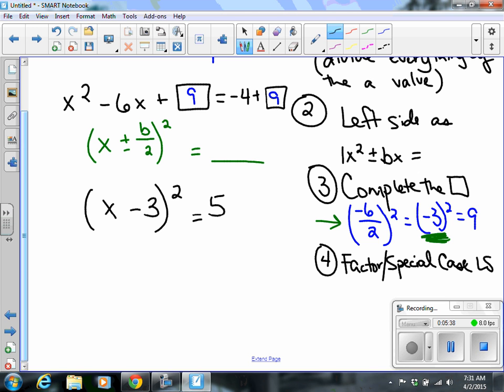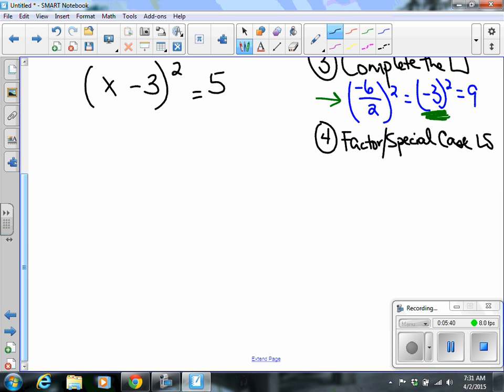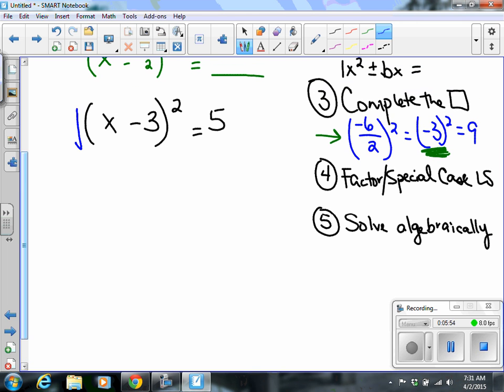So now, at this point, I'm going to solve algebraically. So I'm going to square root both sides. So I have x minus 3 equals plus or minus the square root of 5.